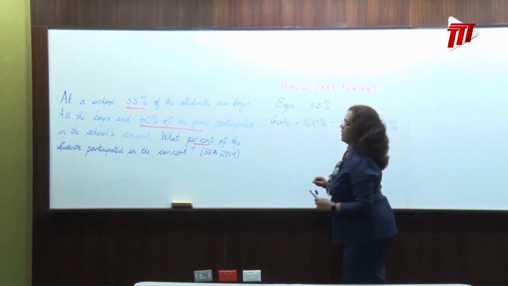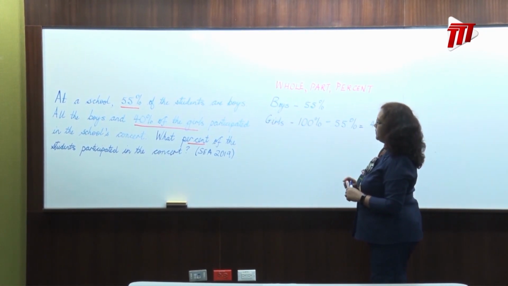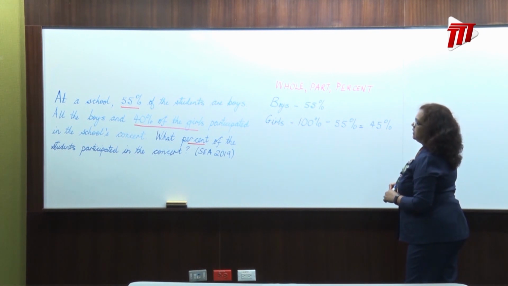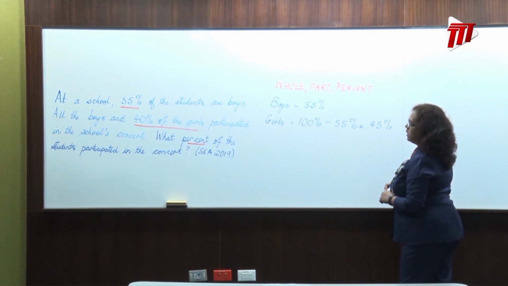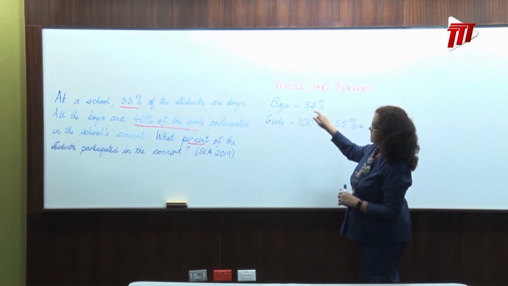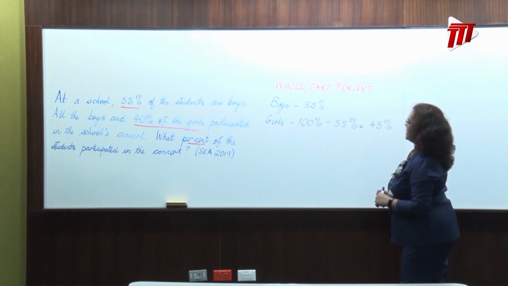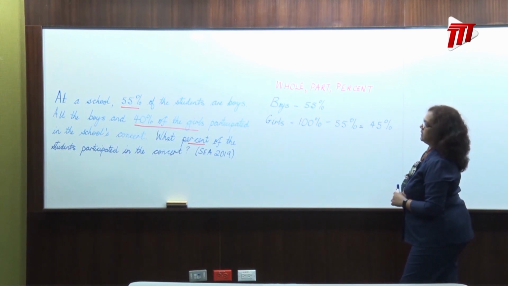The next line of the problem tells us all the boys and 40% of the girls participated in the school concert. So we already know what percentage of the boys participated. We need to find out what percent of the girls participated.